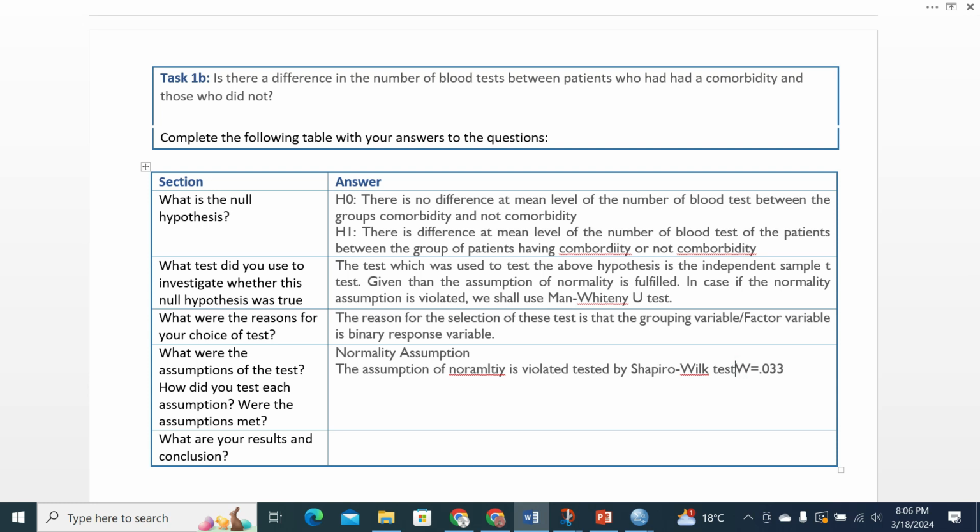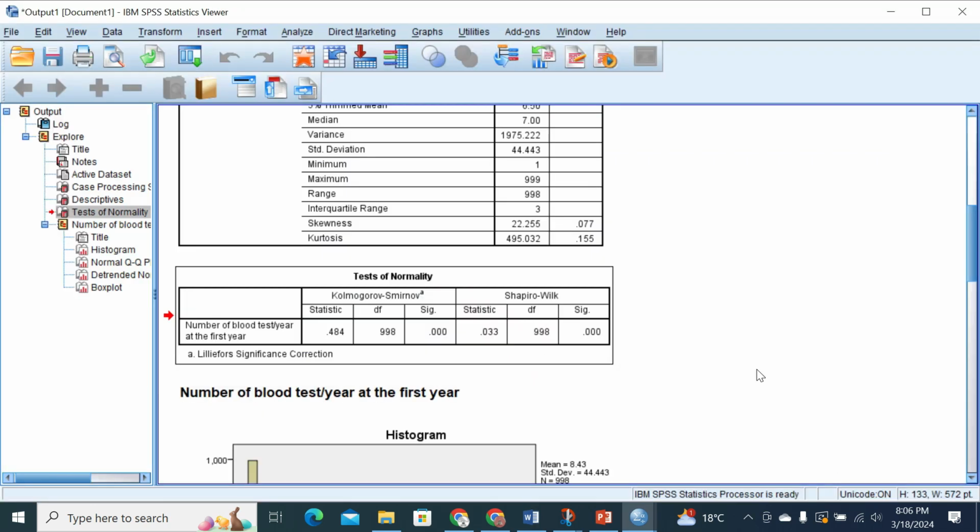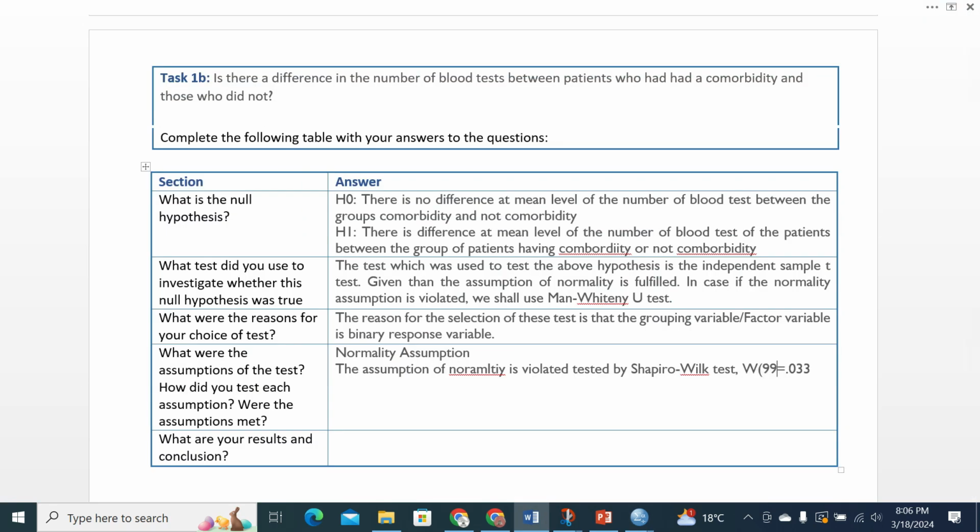Always in APA style, the degrees of freedom should come here, which is 998, and the p value is less than 0.05. We have to make the abbreviations italic always. So the normality assumption is violated, and for the result we shall use the Mann-Whitney test.